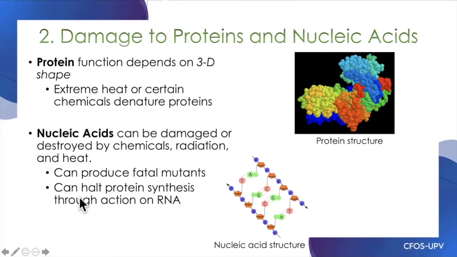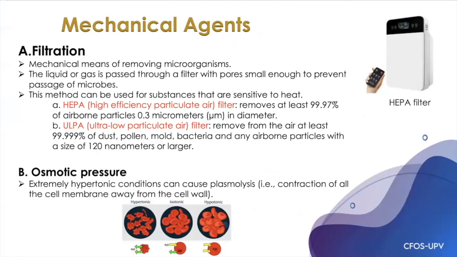So nucleic acids include your DNA and RNA. So this damage in the nucleic acids can produce mutants and also cease protein synthesis through the action of RNA.